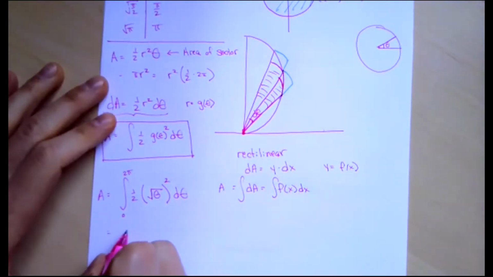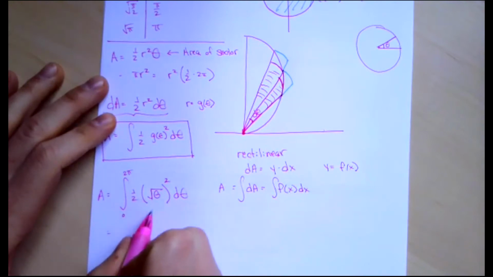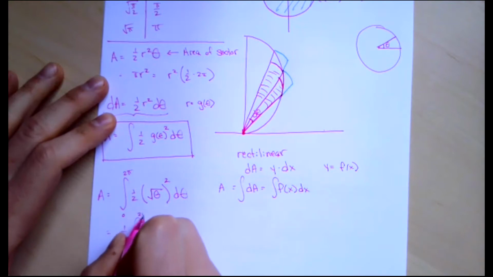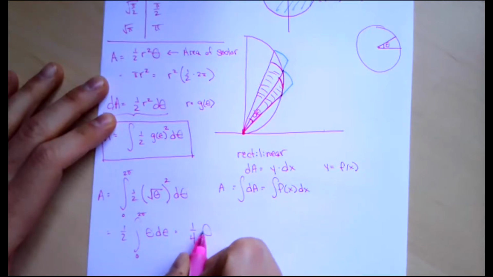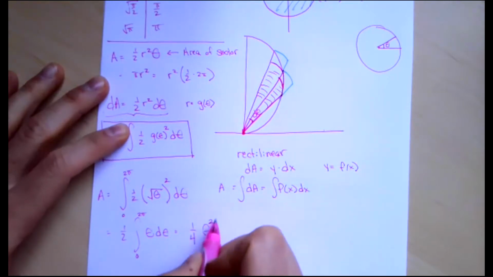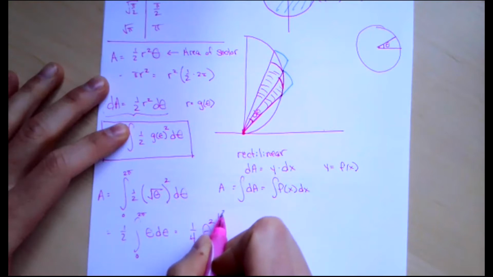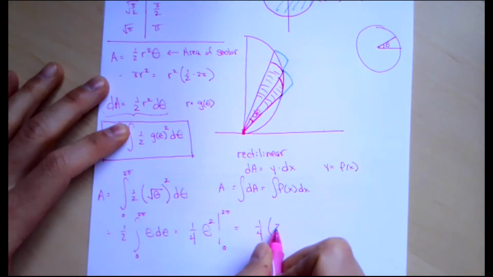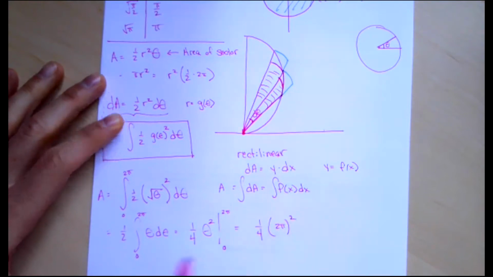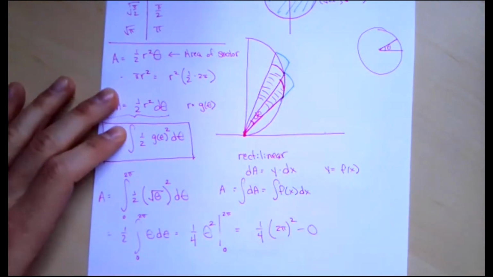And so what do we get? Of course, squaring that, we'll just get a 1/2 theta, d theta. So we get 1/4 theta squared, and we got to evaluate between 0 and 2 pi. And when we plug in 0, we'll get 0.